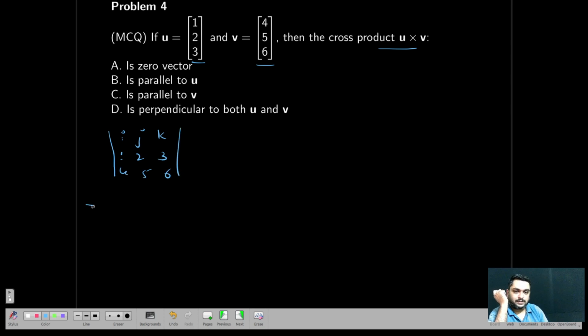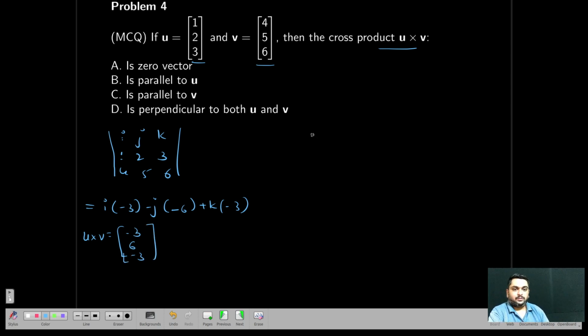This is i into minus 3 minus j into (6 minus 12), that is minus 6, plus k into (5 minus 8), that is minus 3. So u cross v is equal to minus 3, 6 and then minus 3.